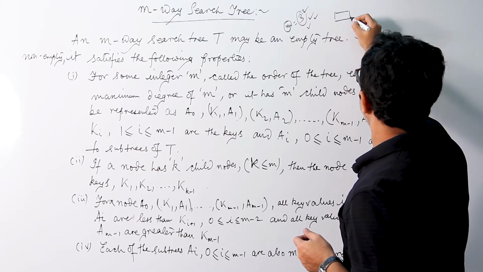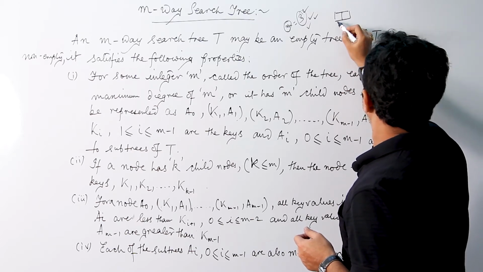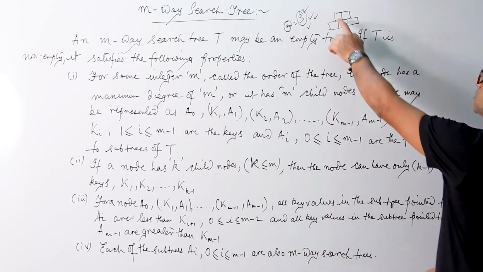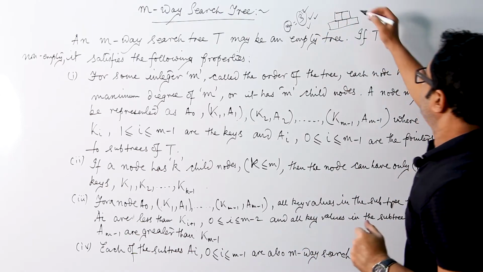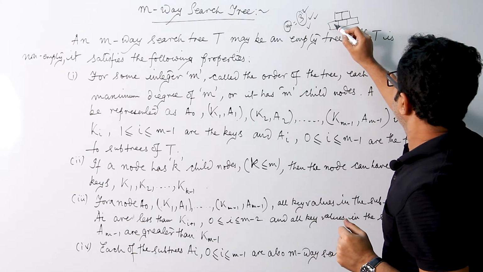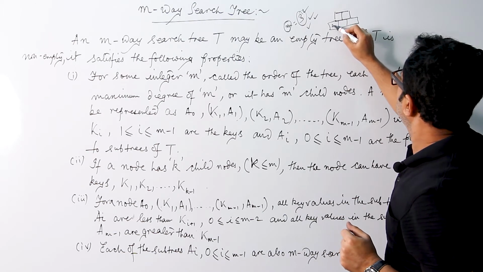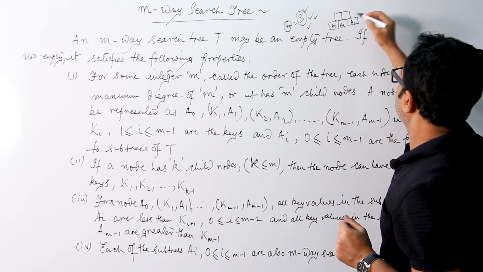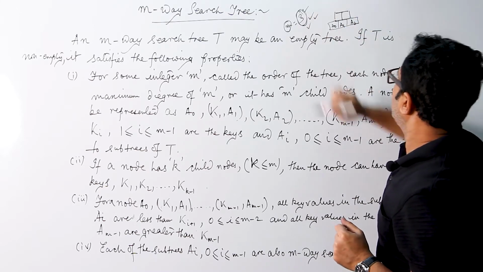Suppose I am just drawing a particular node like this. So this is A0, A1, A2, having m equal to 3.